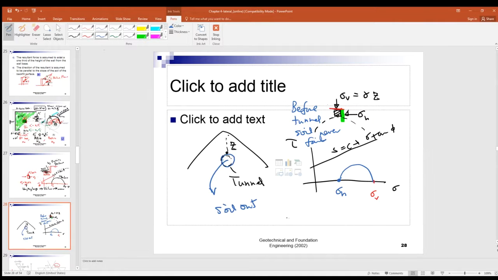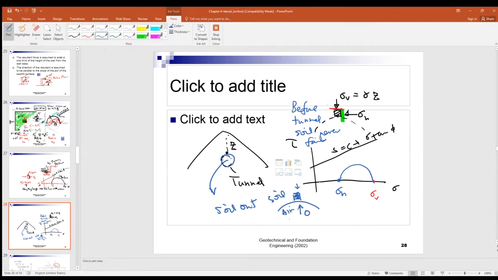Now what will happen? Here, the soil mass, here, right? Now what's the vertical stress here? 0, right? Because that's the air, that is the soil. So the sigma V suddenly becomes 0.